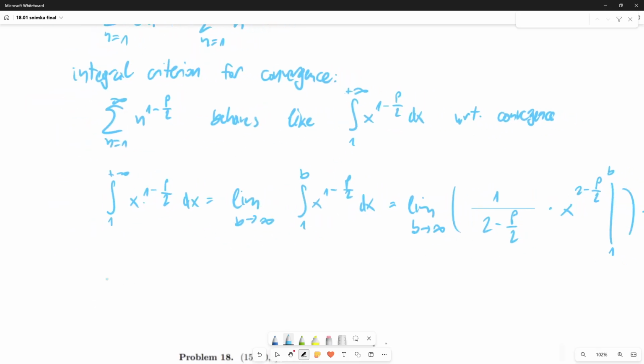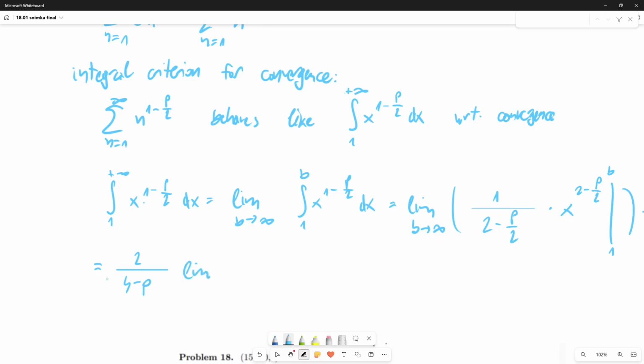We take this multiplication constant out of the limit since it doesn't depend on b. We can also simplify it as 2 over 4 minus p.